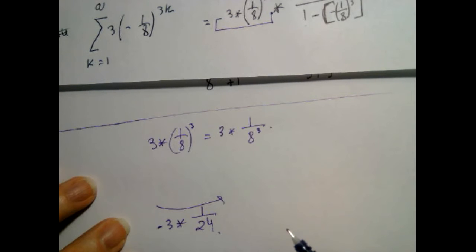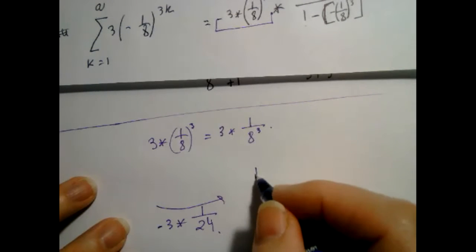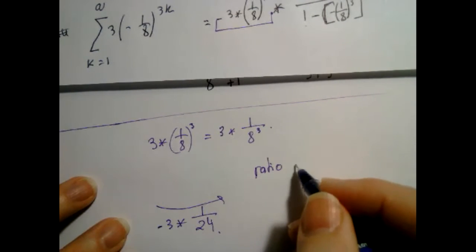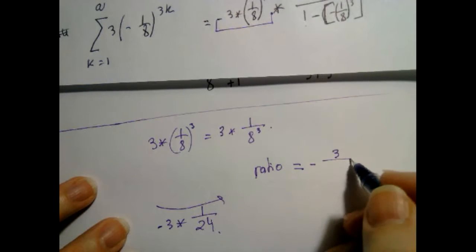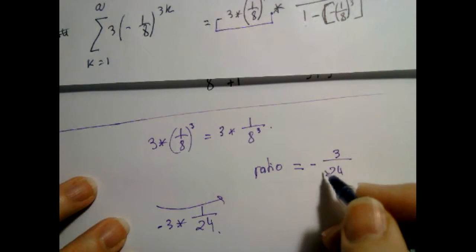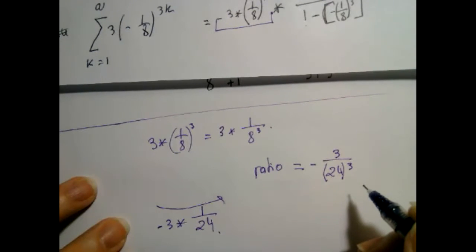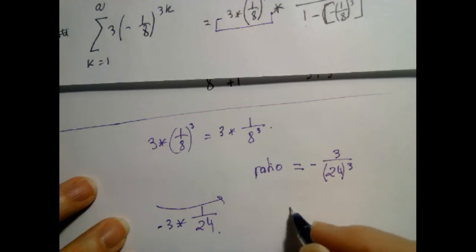I'm sorry? The ratio I used? Yeah. -3/24 cubed. The 24 is cubed? No, the whole fraction is cubed. Yeah.